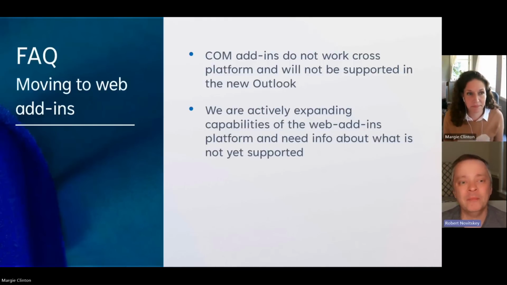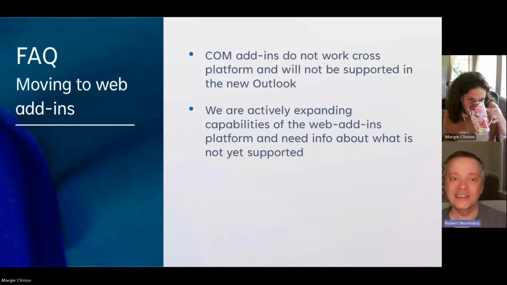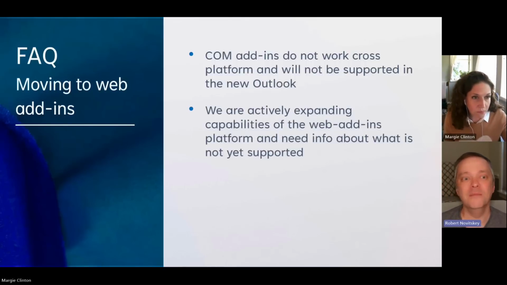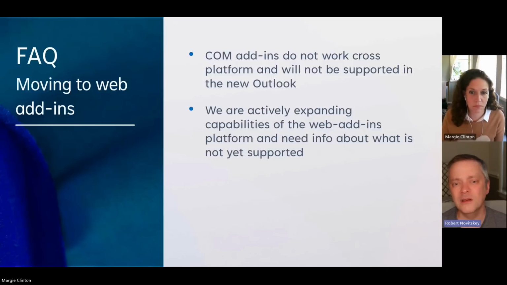And if I can just add, we've had people say, well, can't you just add COM add-in support to the new Outlook? And, from the standpoint of the team that builds this, we find that most of the really, really great add-ins aren't just COM add-ins. They integrate with the MAPI subsystem. They integrate with other parts of the machine. They do things with our visual tree. They kind of inject themselves into our visual tree, which ends up being part of the instability that Margie mentioned earlier, using our object model.